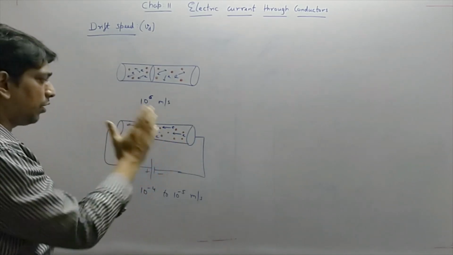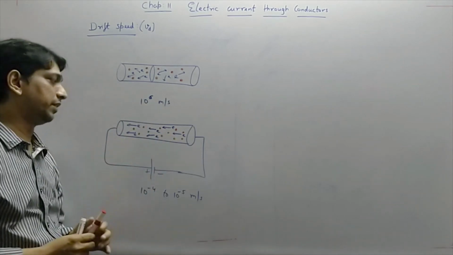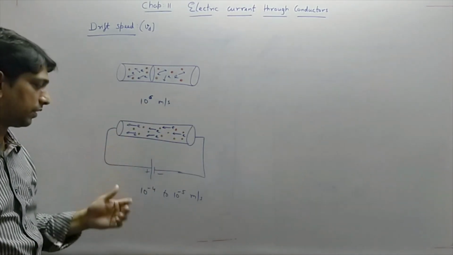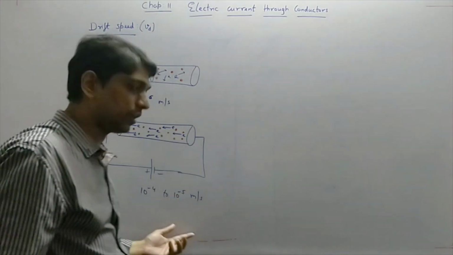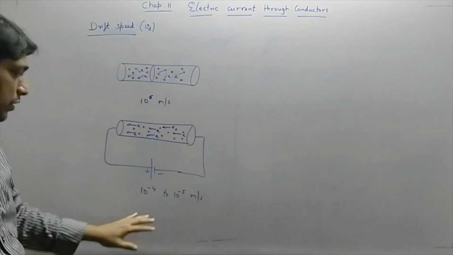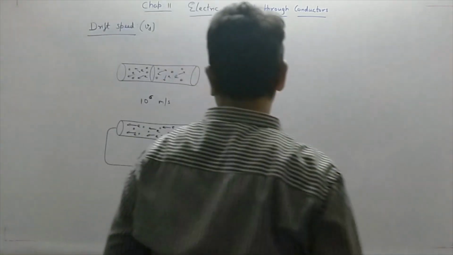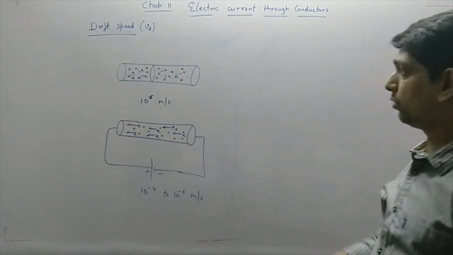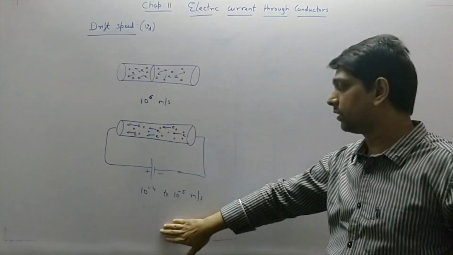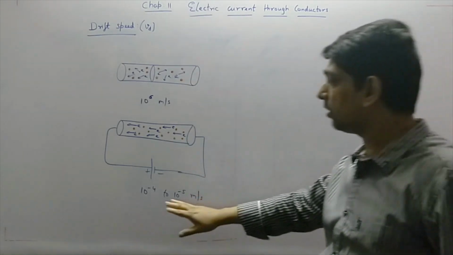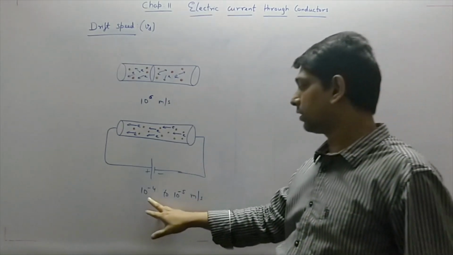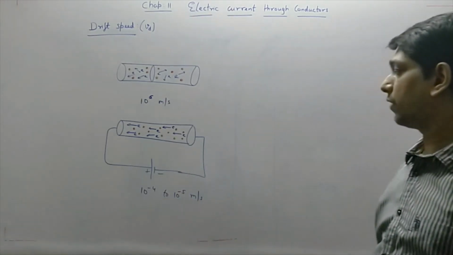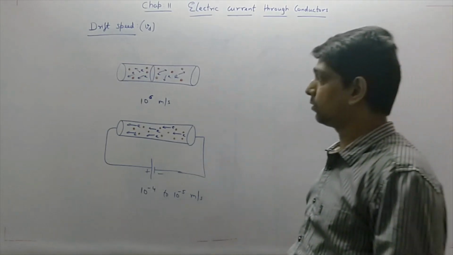Now all of them have the same speed, approximately 10⁻⁴ to 10⁻⁵ meter per second, which is very, very less compared to the initial case when no electric field is applied. The speed becomes very small, but all electrons move with the same speed in a particular conductor.